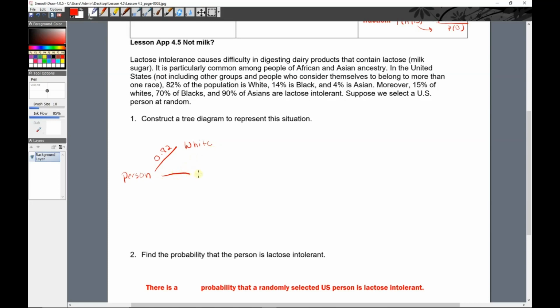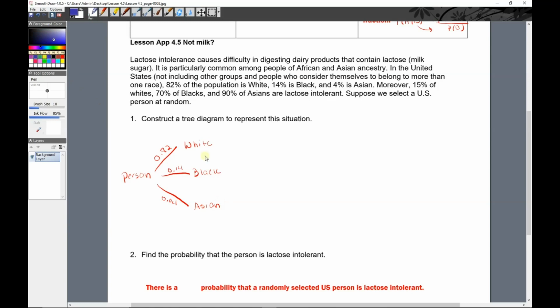Then we'll go this way, and we'll say 0.14. That's for the part of the population that's black. And finally, 0.04, and that'll be for Asian. So there's your initial split.